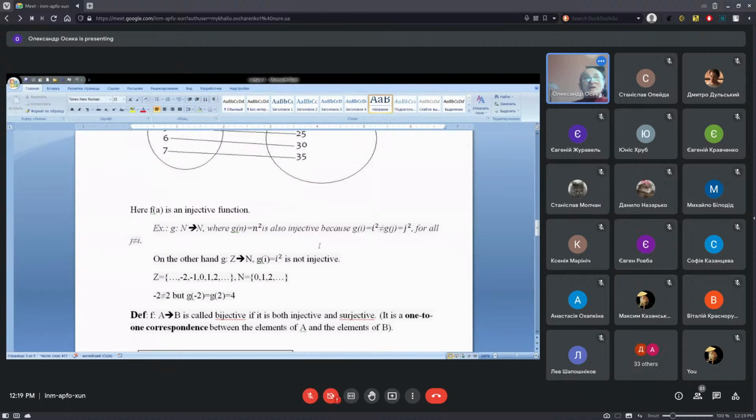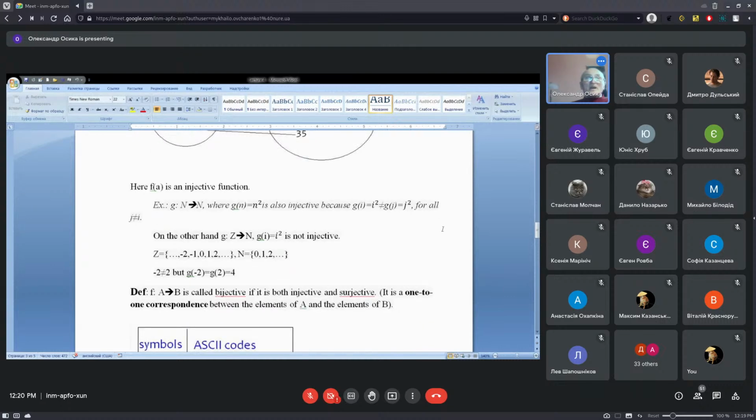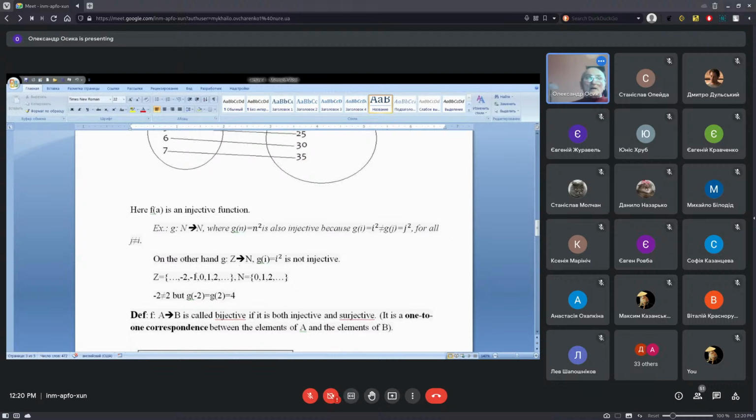Well, here is another injective function. But on the other hand, the function G from Z to N, the set of natural numbers. Z is the set of all integer numbers, positive and negative, and here the set of positive numbers.